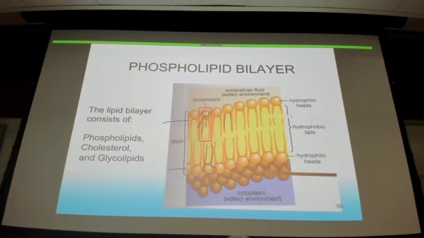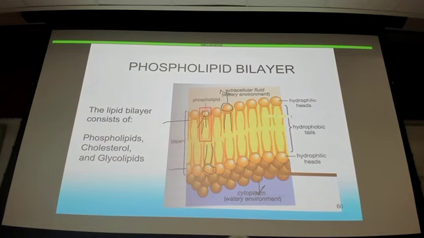And the hydrophilic head of that phospholipid likes water. Well, that's good because this is extracellular fluid out here, and there's intracellular fluid in here, and both of those are water. So that's how it's set up.